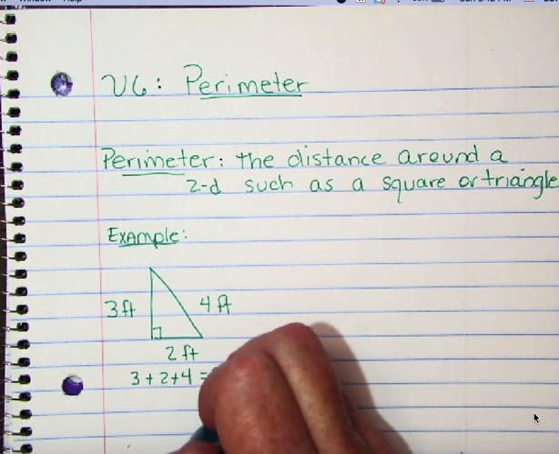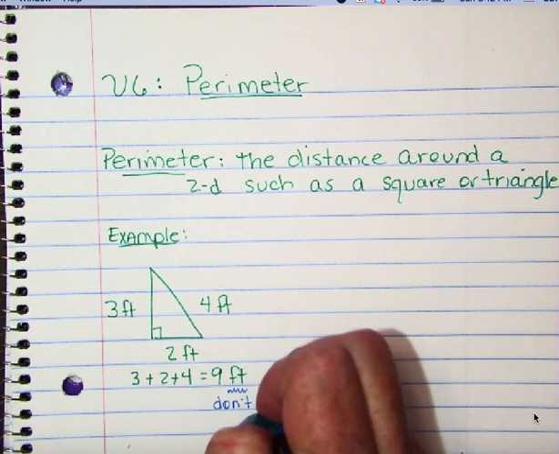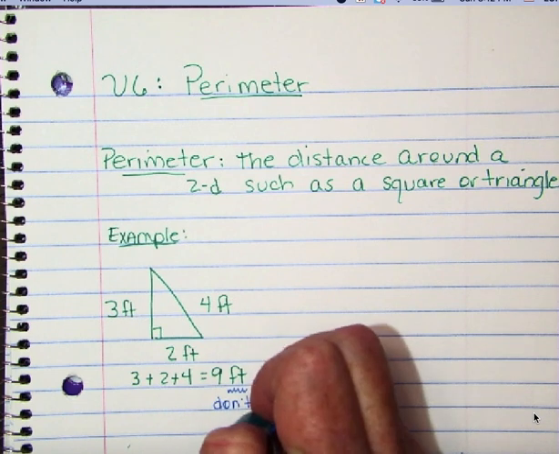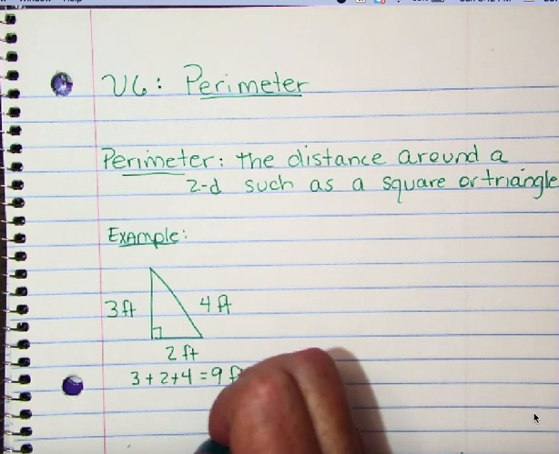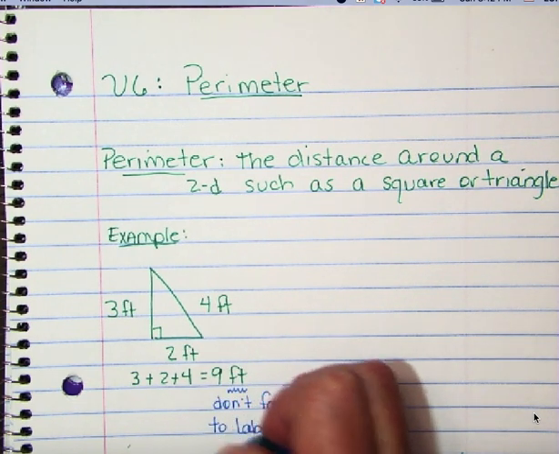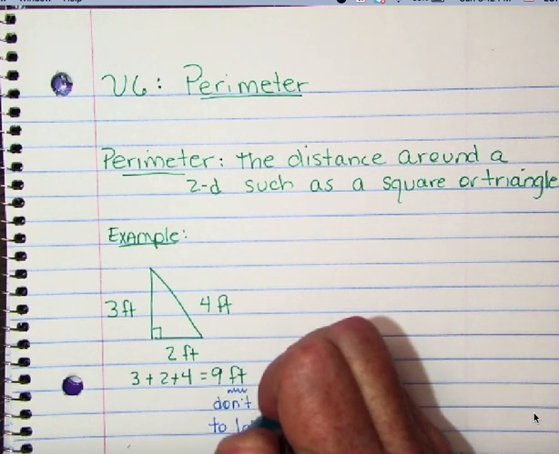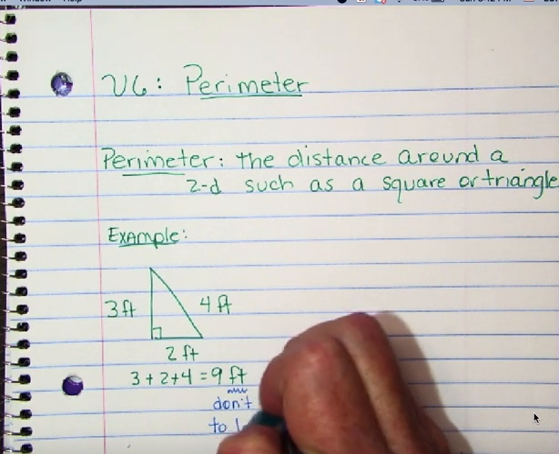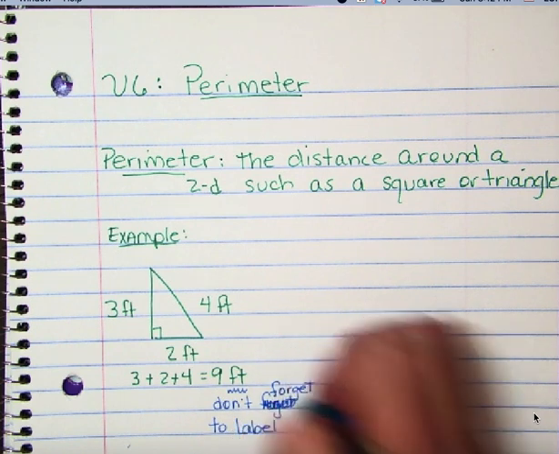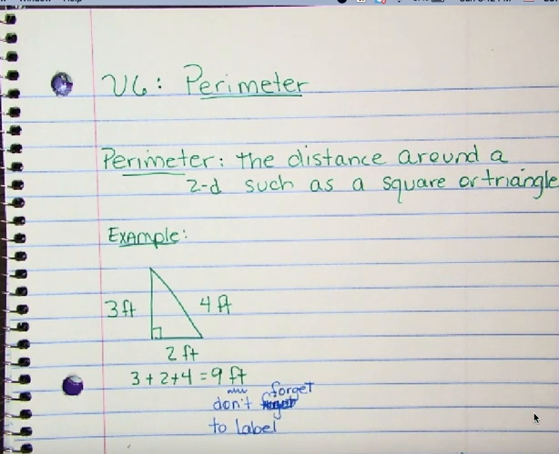Don't forget to label. F-O-R-G-E-T. Don't forget to label. If you put just 9, you don't have the complete answer. You need to have 9 feet.